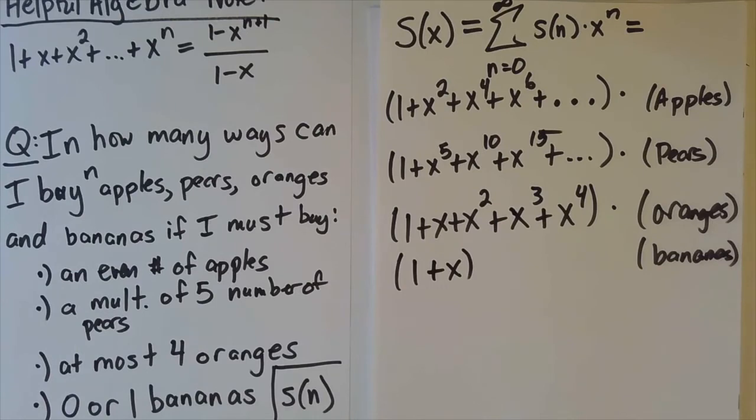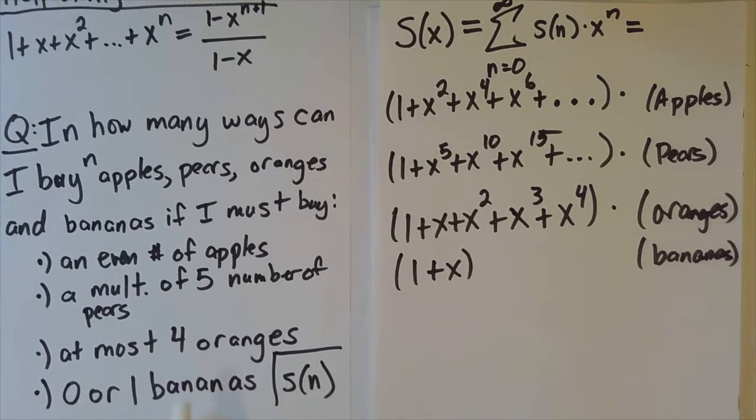And so when you multiply this all out, every way you could end up with a term of x to the n corresponds to a way of buying n pieces of fruit that follow these bizarre rules.